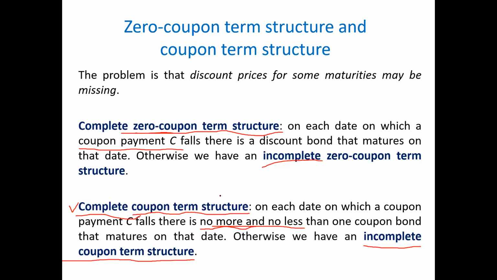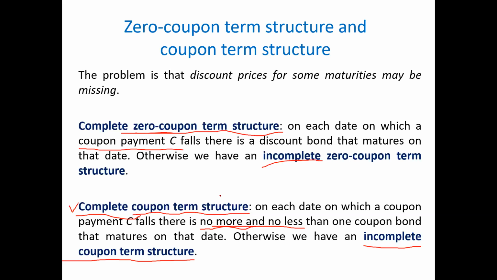These are theoretical arrangements, but that is also what we have in real markets. For each market, we can say that there is a zero coupon term structure and a coupon term structure. But now the question is, in the majority of markets, are they complete or incomplete?